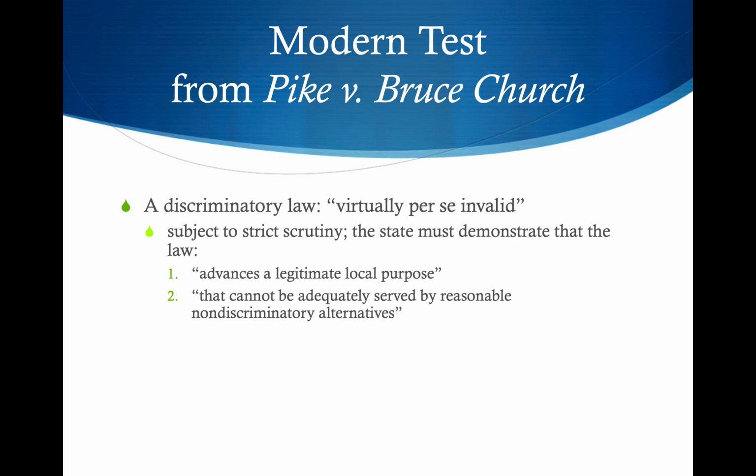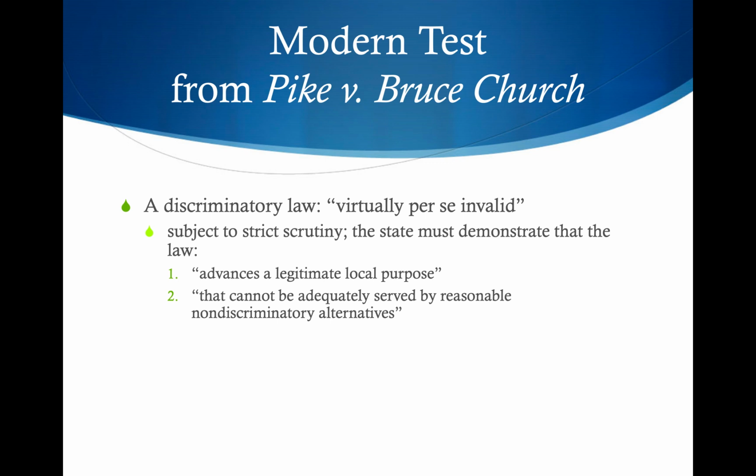So once the court determines that the law is discriminatory, and it's that basic determination that we're going to be looking at with the second and third case that we read today, but assuming that you can decide that the law is discriminatory, what the court then scrutinizes is the reason given by the state for the passage of the law, and the court will really scrutinize that.